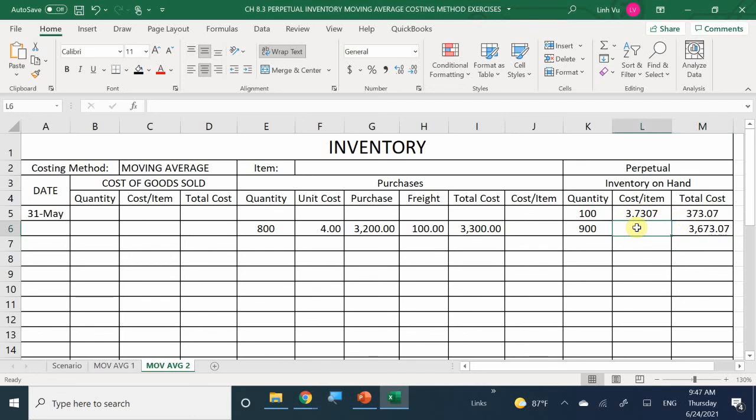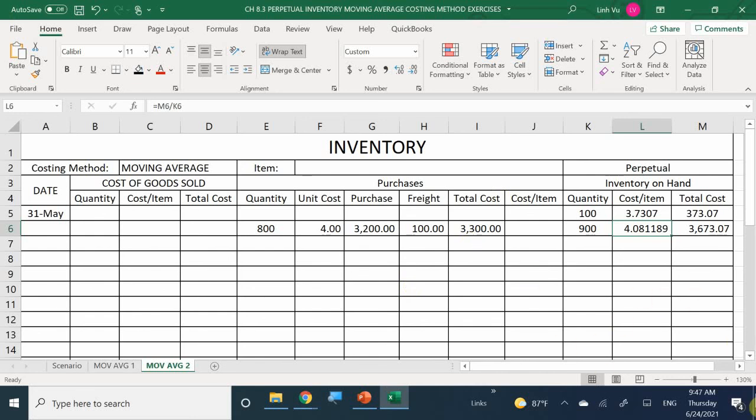Excellent. Okay. So therefore, let's go ahead and calculate my average cost per item. 4.081188. Okay. Perfect.